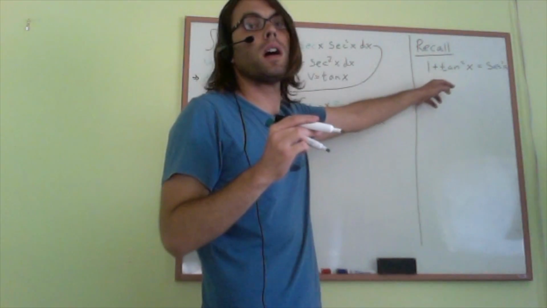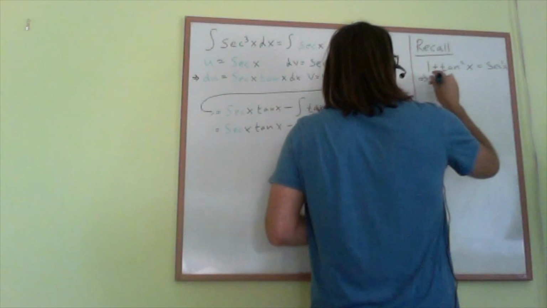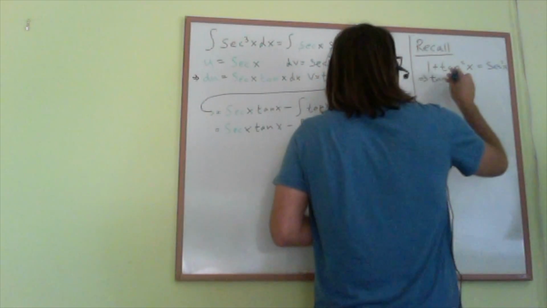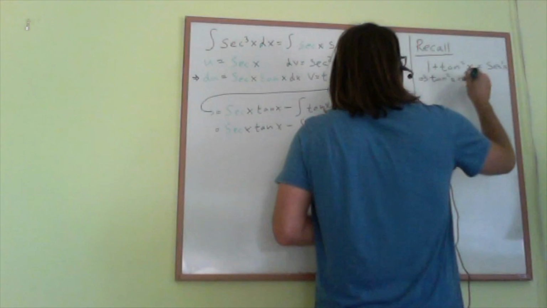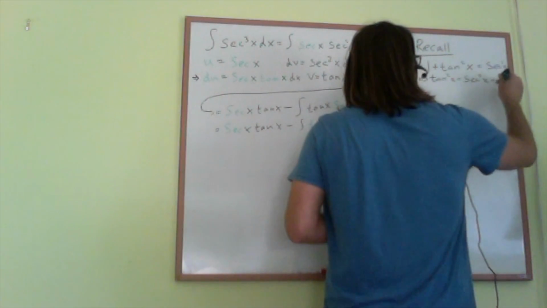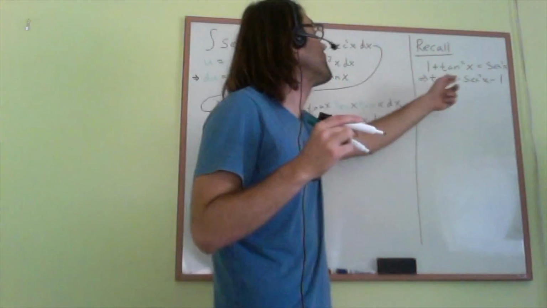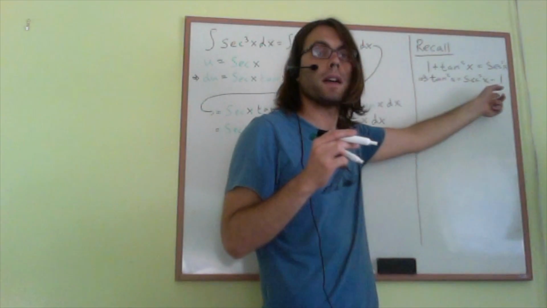This implies that tangent squared x is equal to secant squared x minus 1. So instead of writing tangent squared x here, we're going to write secant squared x minus 1.